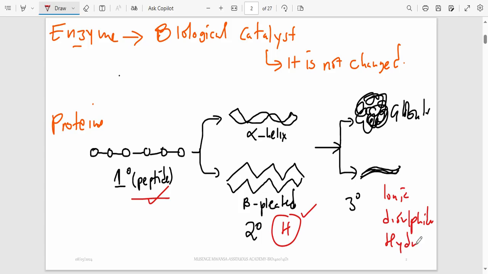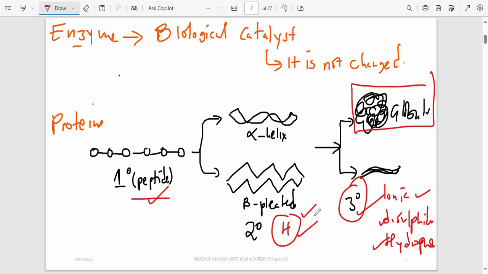You are going to see a lot of different bonds in the tertiary structure, and the quaternary structures are made up of tertiary structures. So enzymes, which are globular in nature, are going to have all these bonds: ionic, disulfide, hydrophobic, hydrogen, and peptide bonds. Please take note of this. That's very, very important for you to know.